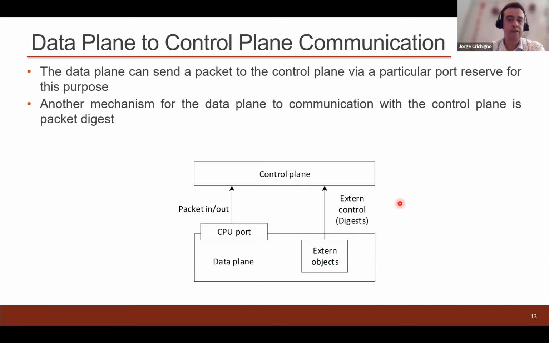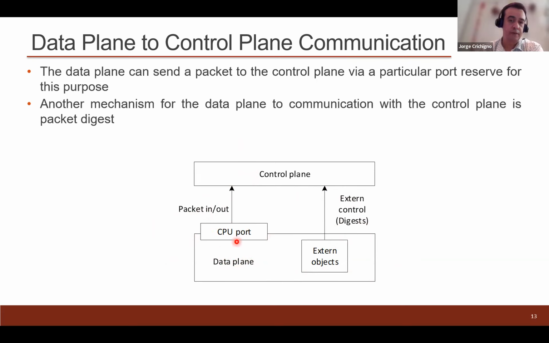And the problem is how to communicate, how to send information from the data plane to the control plane. So from the bottom to the top. And there are 2 ways that these switches enable the programmer to communicate this information. One is through a CPU port.